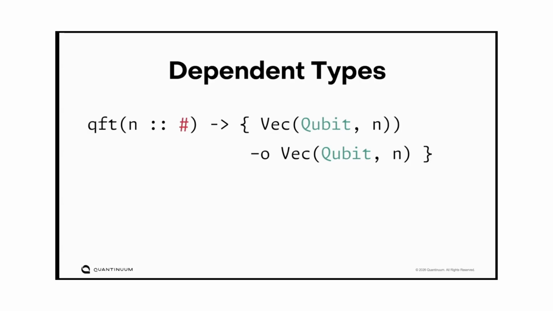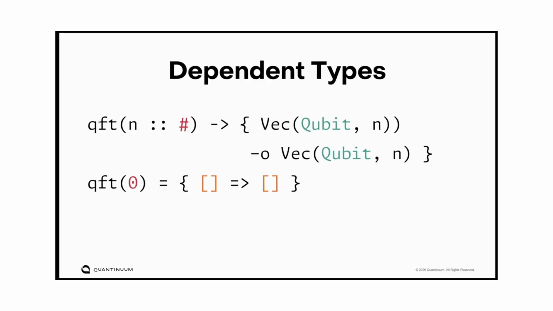So if you want to implement this QFT function, you do it via pattern matching. Say here the case of QFT0. Now what we have to do is give a function from a vector of 0 qubits to 0 qubits. Well, the only thing that's going to do that is this function here. And we also know that this pattern here is irrefutable. Our type checker knows that the only vector that could be matched against here is the empty one.